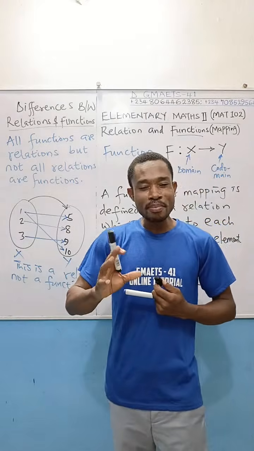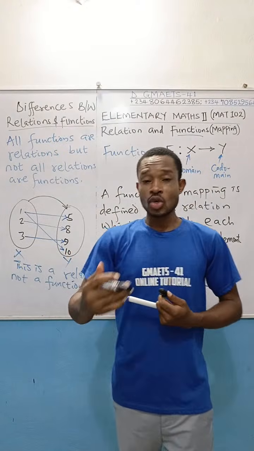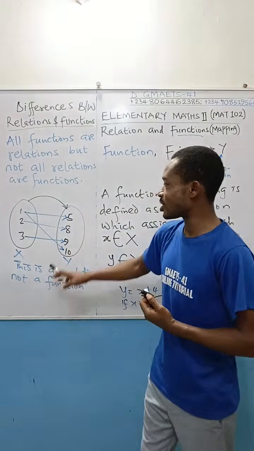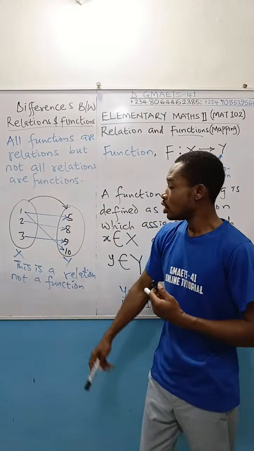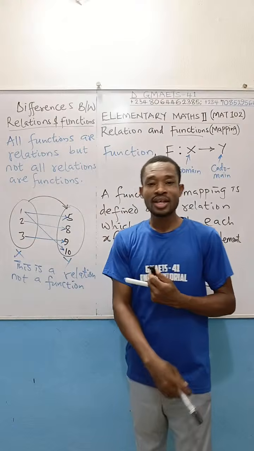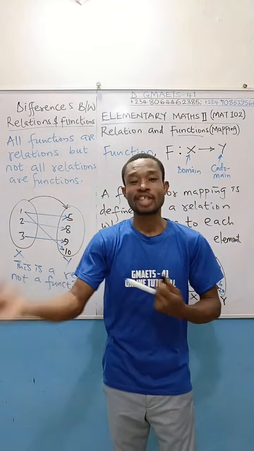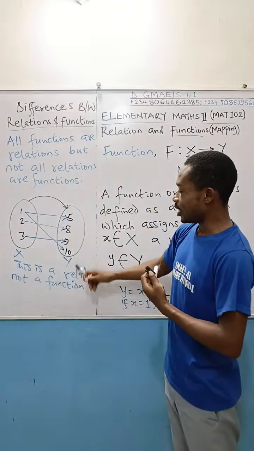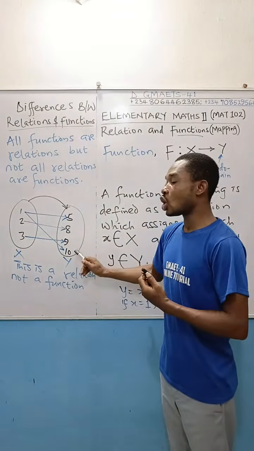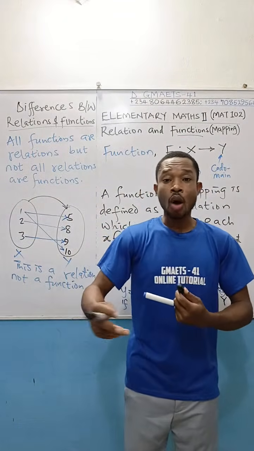There is this layman explanation I usually give, just like an example, to help scholars understand why this is not possible. We can take the X, which is the domain, as a son, a child. It can be a daughter also. And we take Y, the codomain, as father or mother, parent.